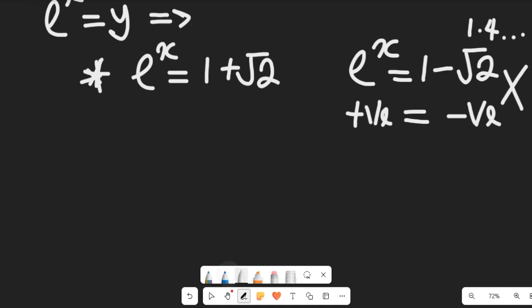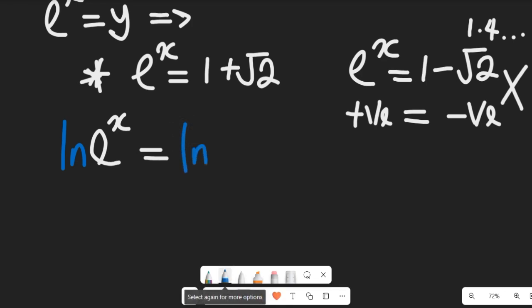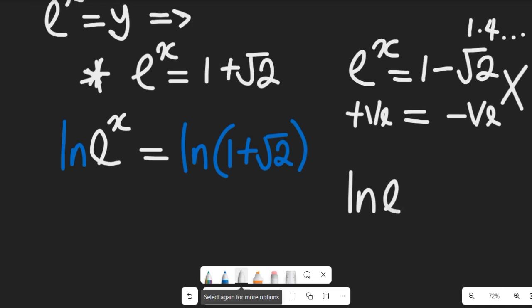Now, if we work with this to get our final solution, we're going to take the natural log of both sides. So we'll take the natural log of e to the power of x equal to the natural log of 1 plus square root of 2. Now remember the laws of indices. Do you remember the laws of indices? From the law of indices, if I have the ln of e to the power of a, this can simply be equal to a, right?